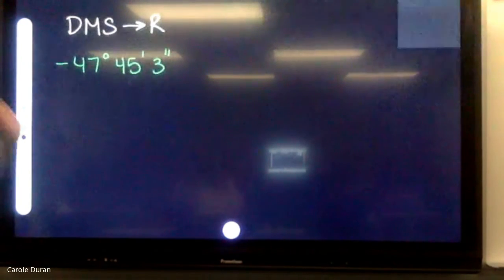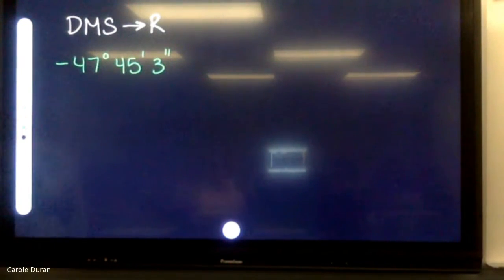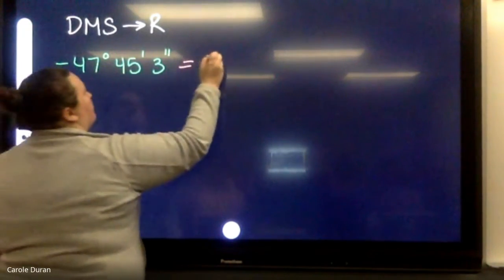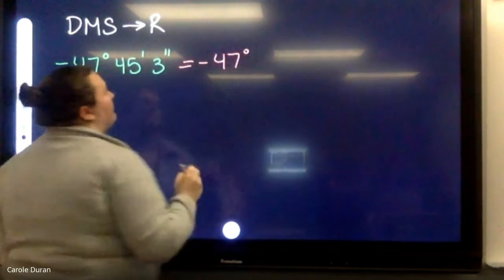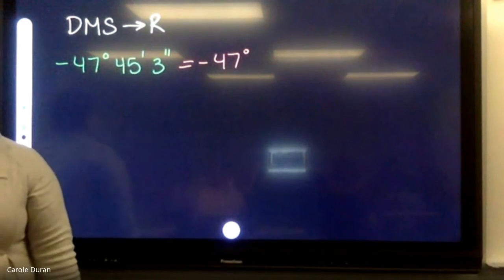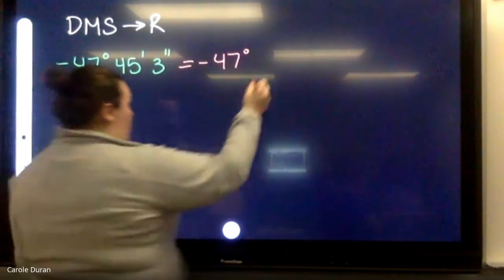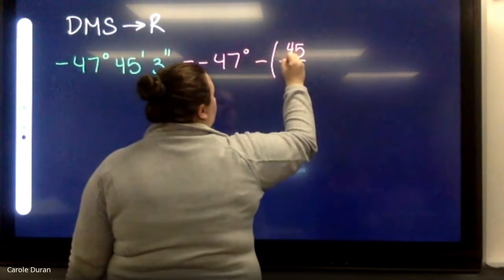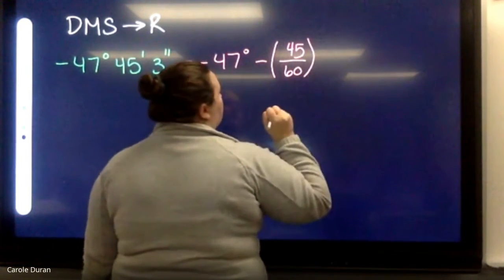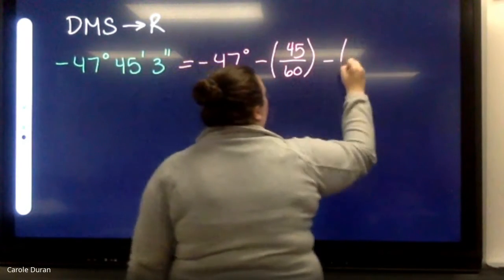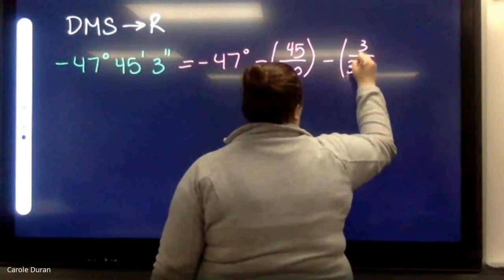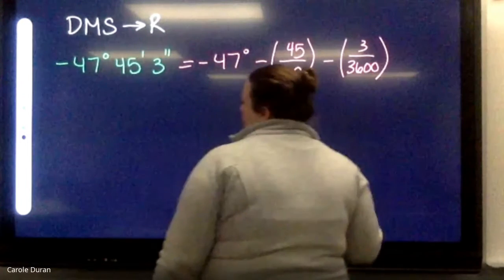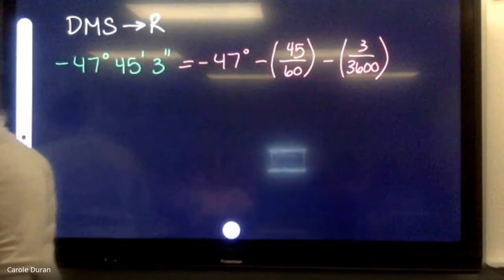Colin, talk me through the process. So first, negative 47. We would subtract because it's a negative angle. Yep. And you would put all of that in your calculator.